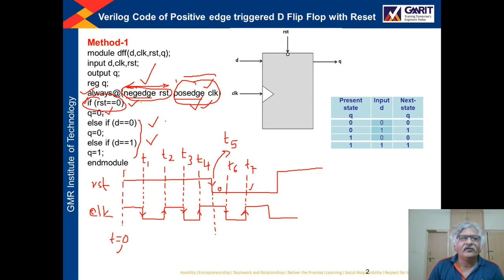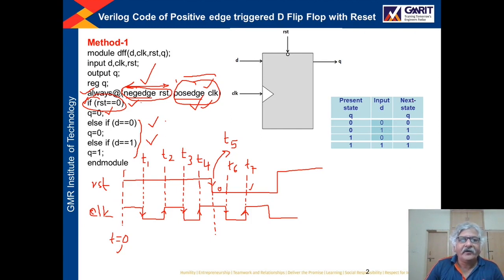So if this is 0, then 0 is assigned to Q. So Q will remain 0. Now at this time the value of D will not be transferred to the output because RST is 0 at time T7, when the positive edge of the clock is detected. So if the positive edge of the clock is detected and RST is 0, then also the flip-flop will be in reset condition.